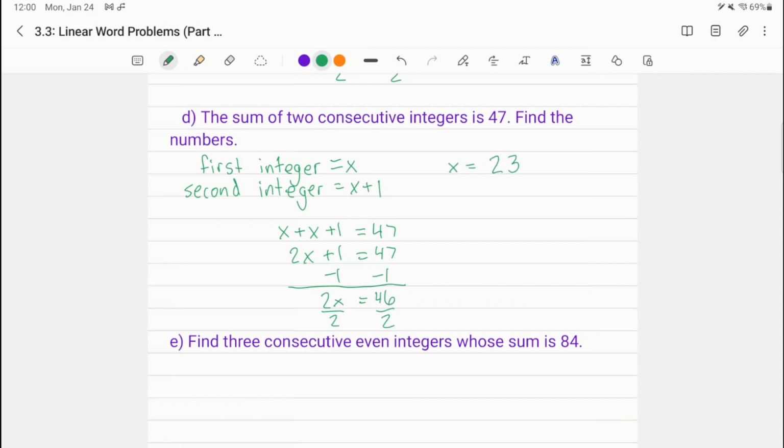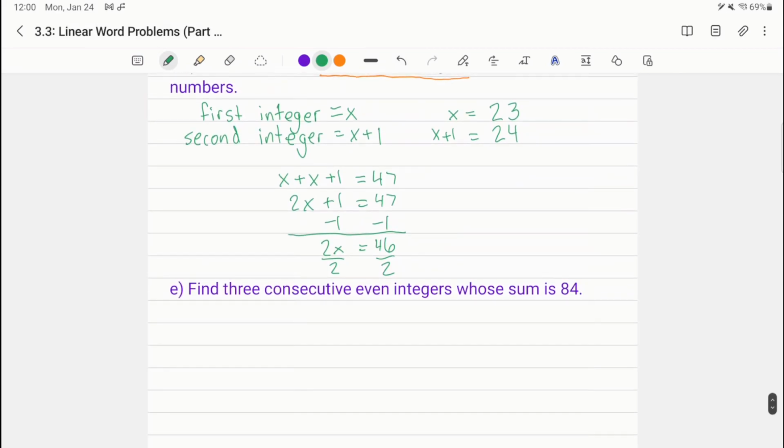And yet again, because we were solving for two numbers, don't forget that the next one, which is x plus 1, would be 24. Now this is how you do it when you have consecutive integers. It's slightly different when you're talking about e.